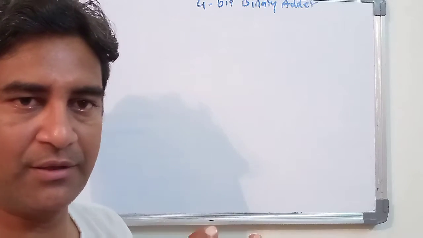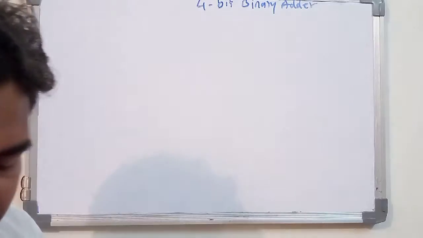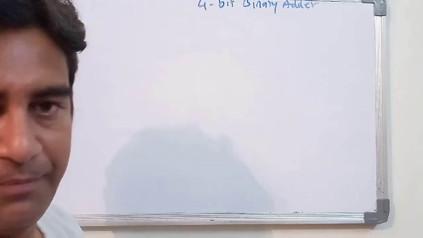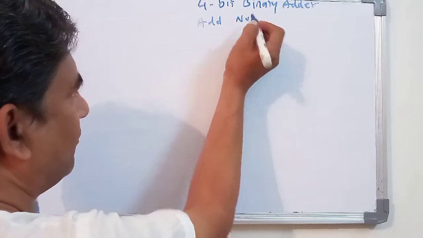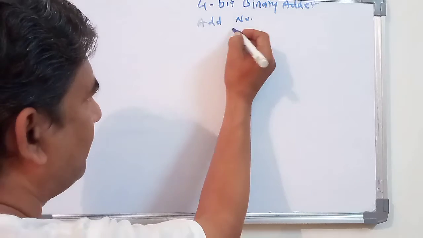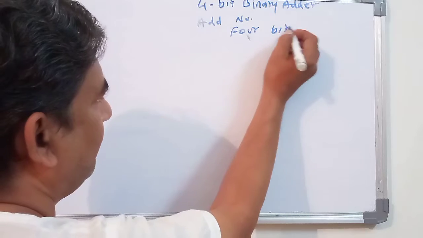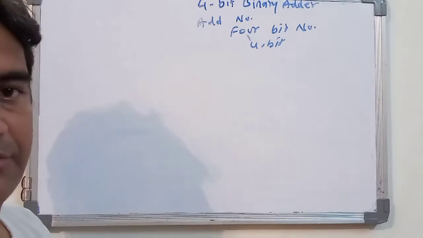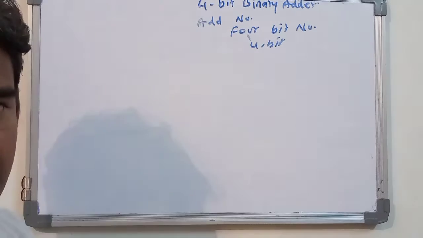Okay, friends. So, the 4-bit binary adder is a logical circuit that can add two binary numbers, each of 4 bits. Which numbers? Each a 4-bit number. Now, how is it going to occur? You have to see this with the blocks.